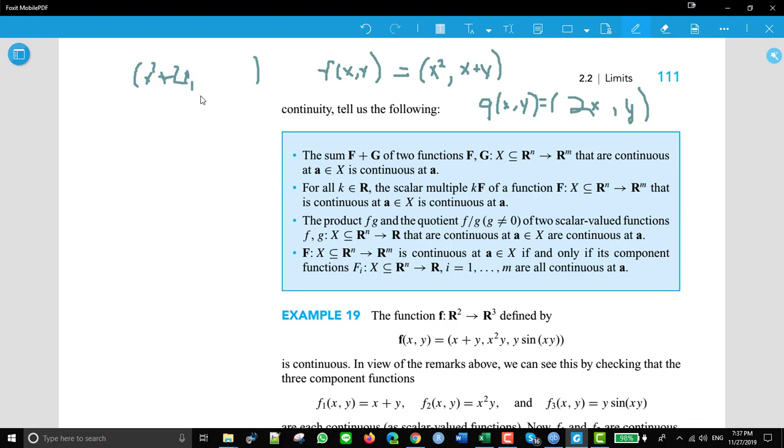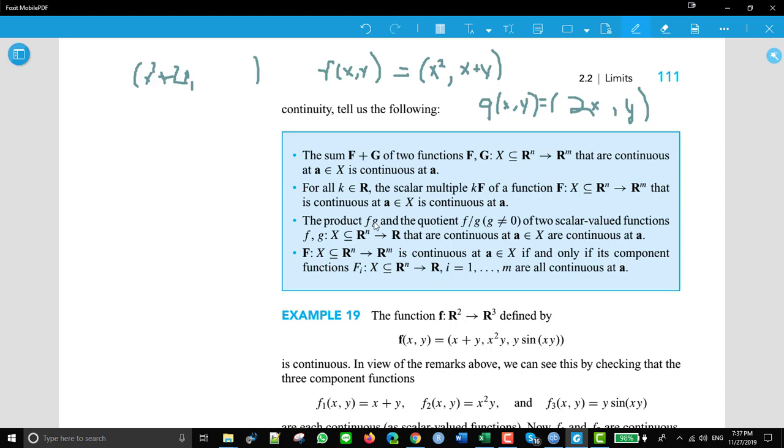So f plus g is a new function. But if f is continuous and g is continuous, then this theorem says that f plus g will always be continuous. The next one: if f is continuous and we make a scalar multiple of f, that will also be a continuous function.